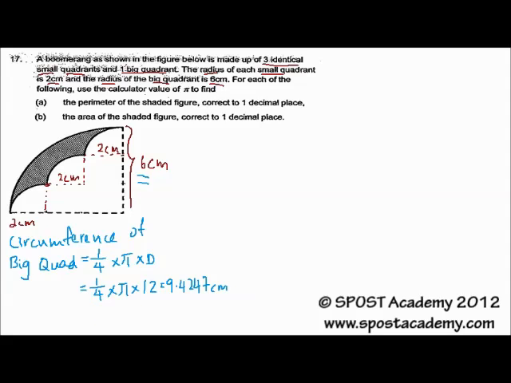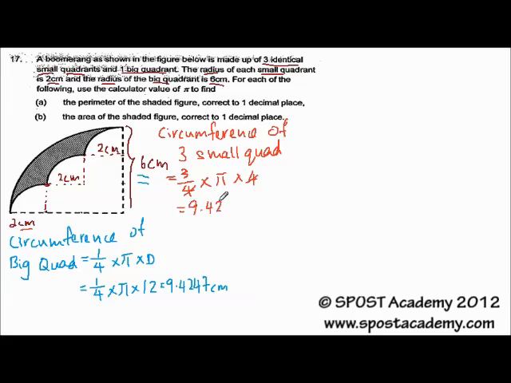Next, I will find the circumference of the 3 small quadrants. So the circumference of 3 small quadrants is equal to 3/4 times pi times the diameter again, which is 4. Since the radius is 2, the diameter is 2 times 2, which is 4. So I can do a cancellation. I will get 9.4247 cm as well.